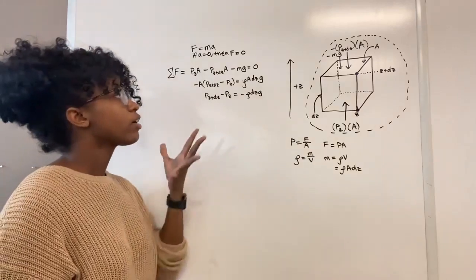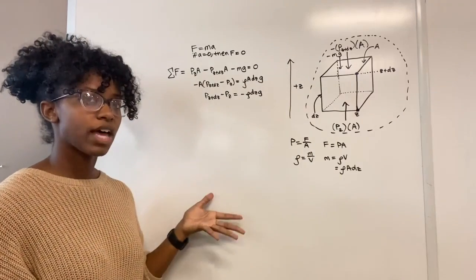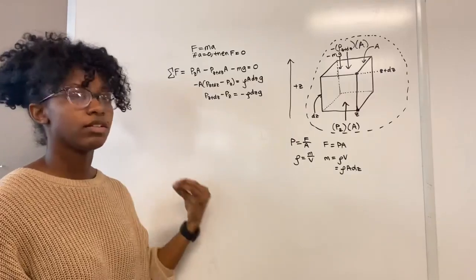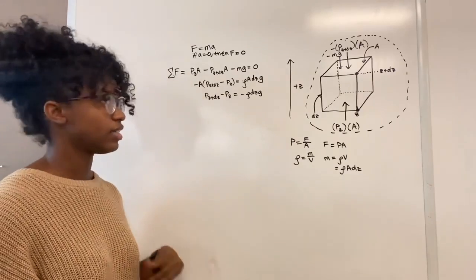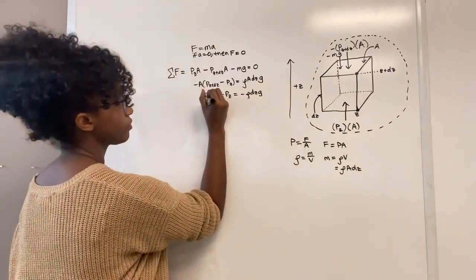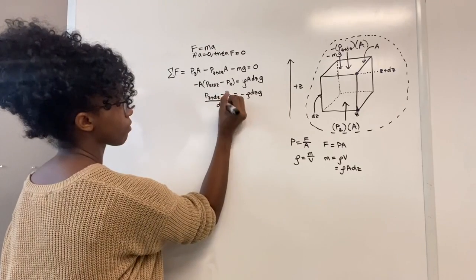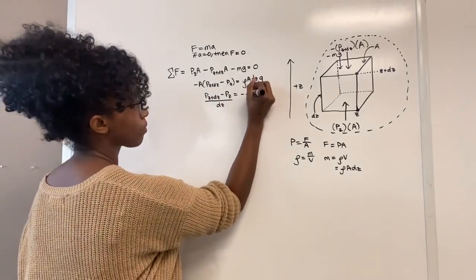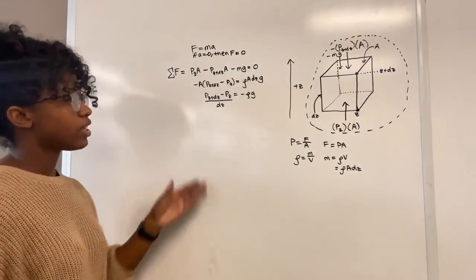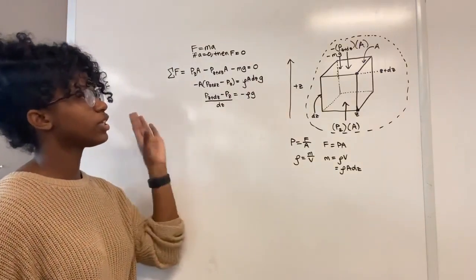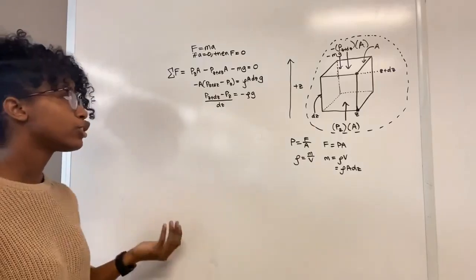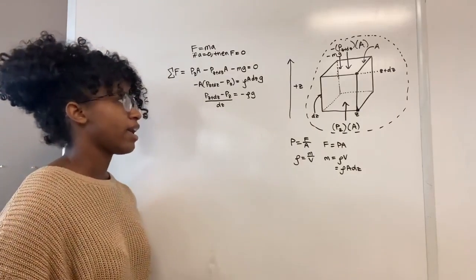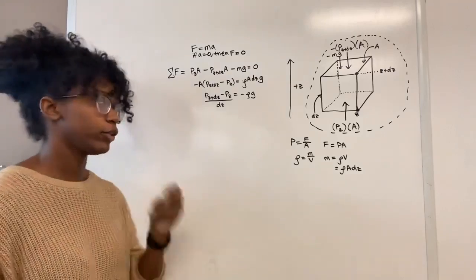So from here, I'm going to divide both sides by the differential height, or could even say the differential thickness dZ. And this leaves us strictly looking at the left side with the pressure at Z plus dZ minus the pressure at Z divided by the change in height of our fluid.